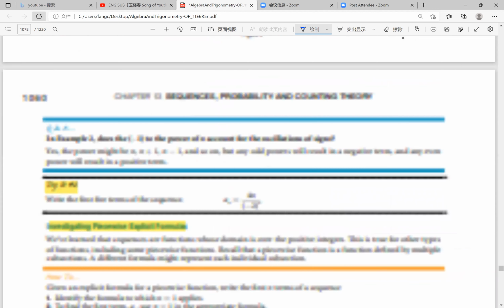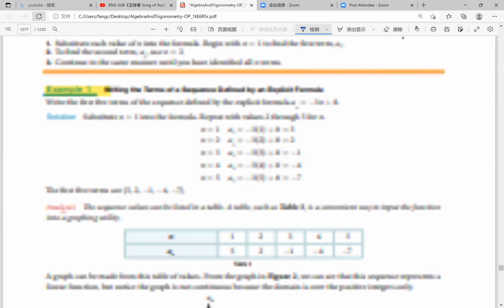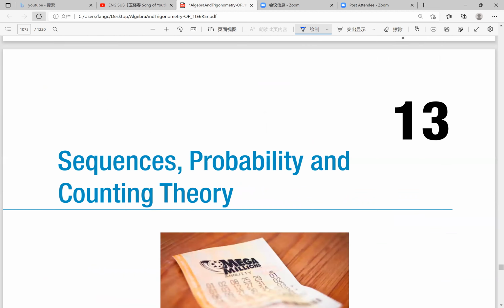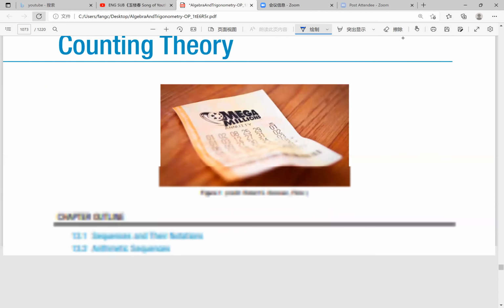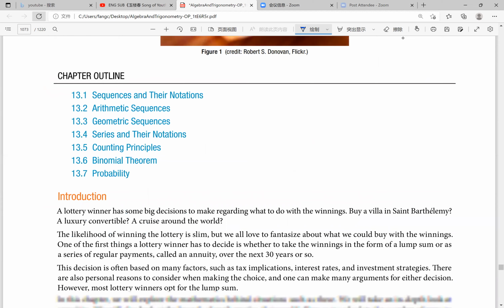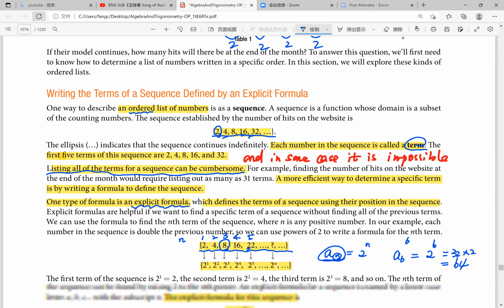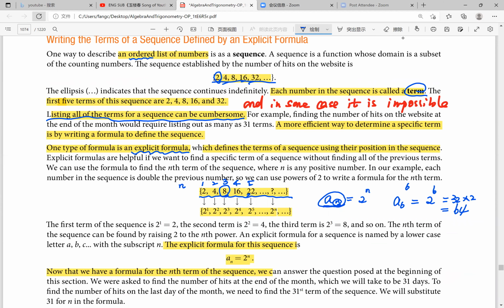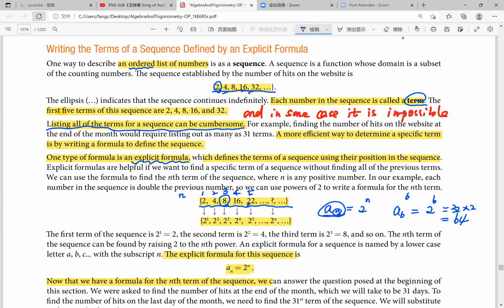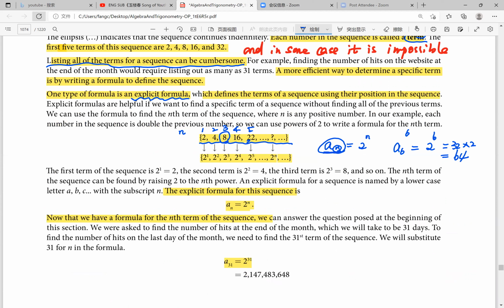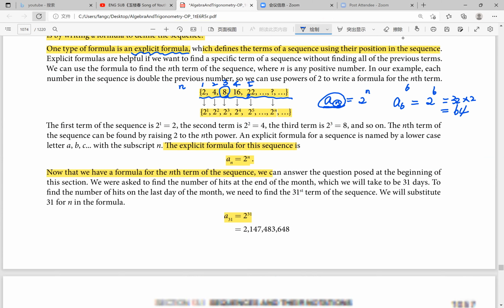Okay, let's go back to the explicit formula. So now we know there are two ways to define a sequence. One is the explicit formula, another one is the recursive formula. And we know how to find the nth term by using the explicit formula. Also, we know how to find the nth term by using the recursive formula.